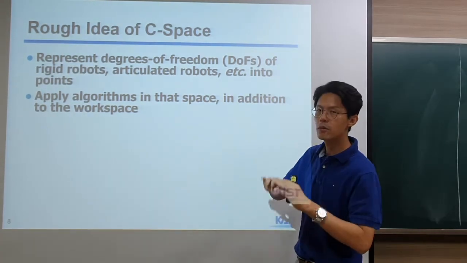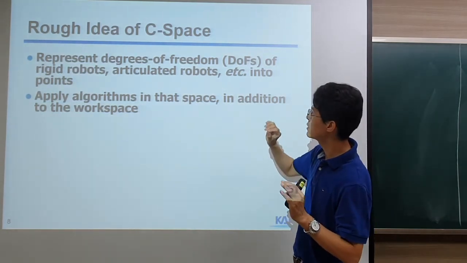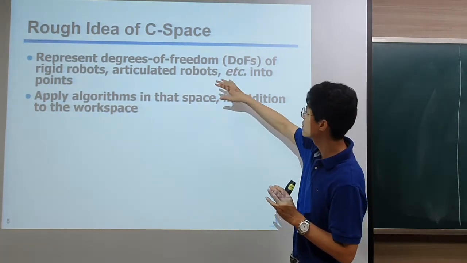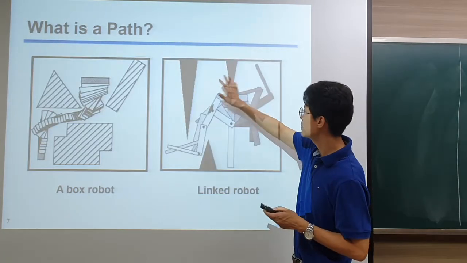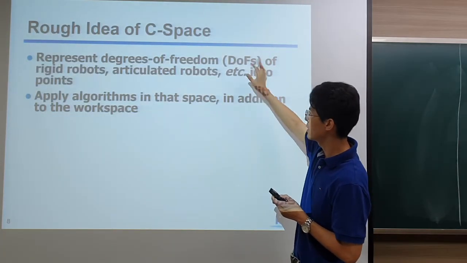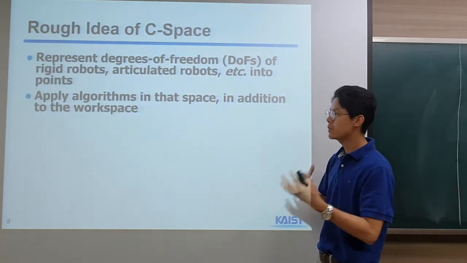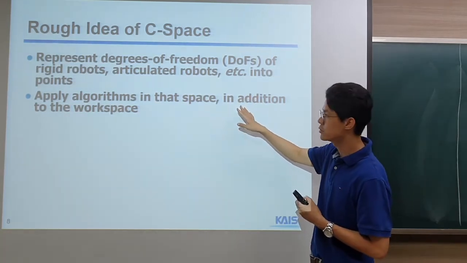Whatever robot you have, once you represent its parameters or degrees of freedom in the C space, any shape of your robot in the workspace is represented by a point in the C space. Then we apply our various algorithms in that C space in addition to the workspace.